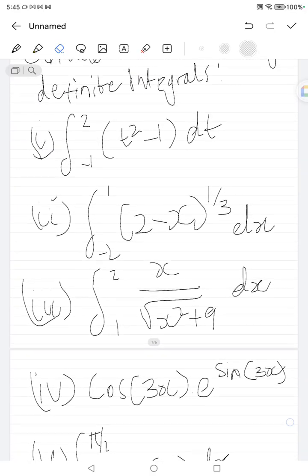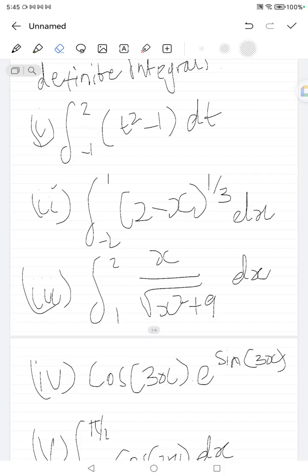Okay. Are you moving fast? You can't see the screen or what? I'm moving fast. Okay, let me just wait for a moment. These are the first 3.